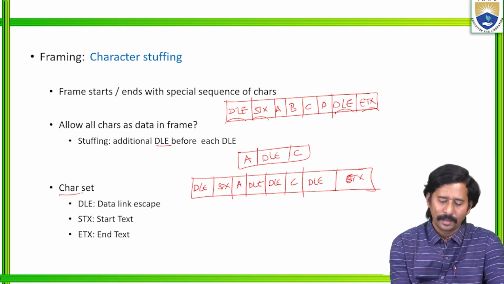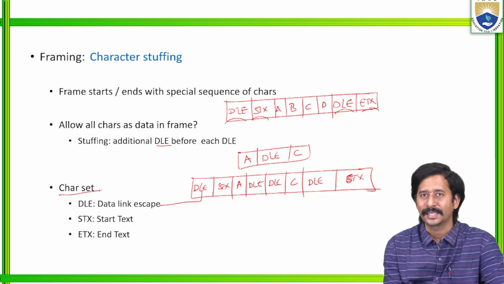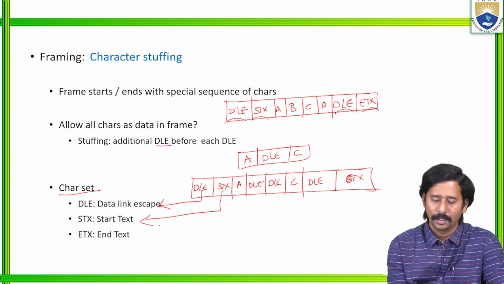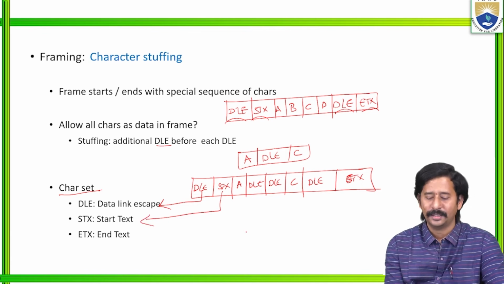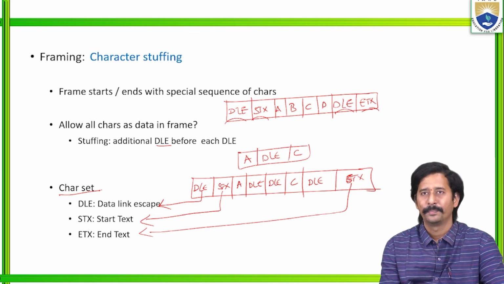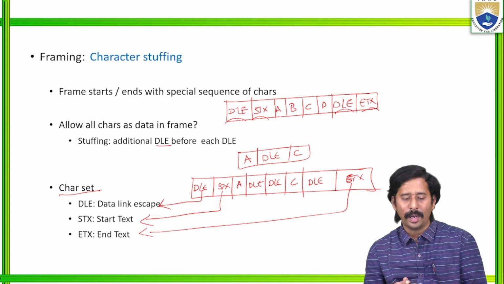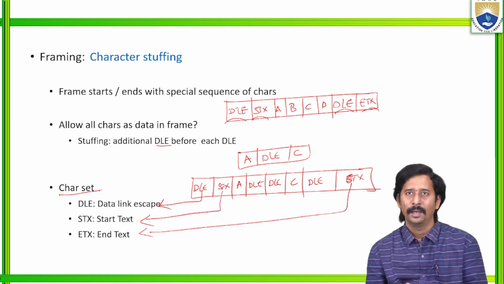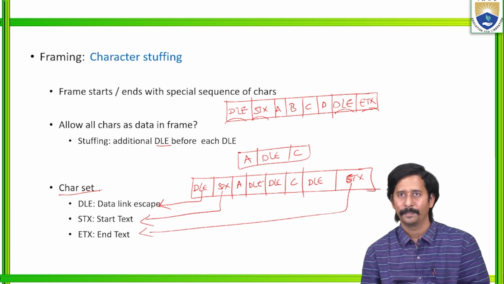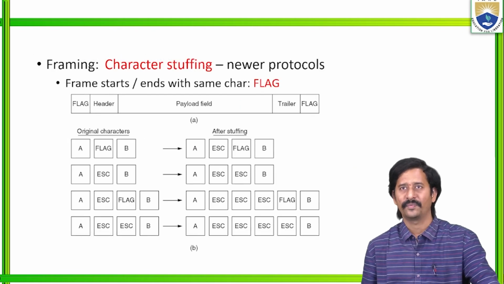So the character set here represents DLE, data link escape, STX, start text, and ETX, end text. So in character stuffing, we need to add some special sequence of characters before and after the actual data. That is what specifies character stuffing.